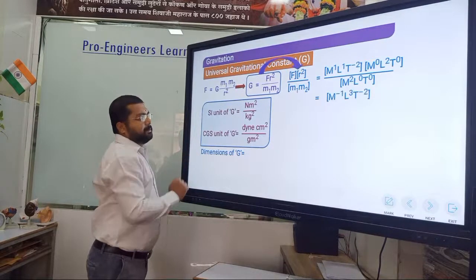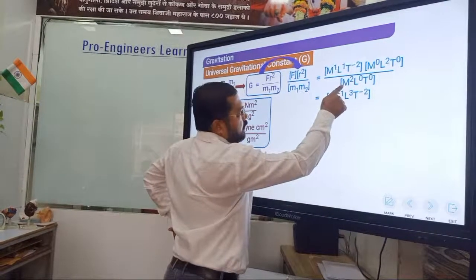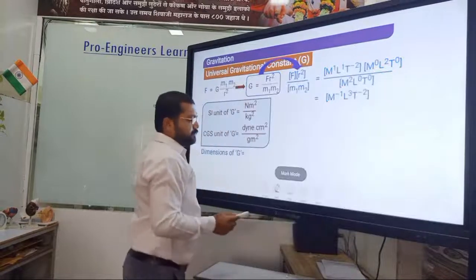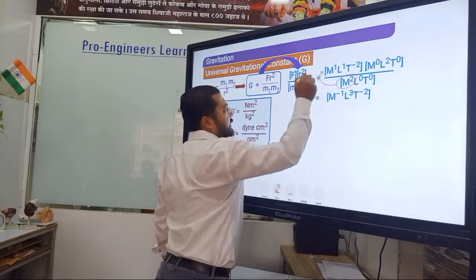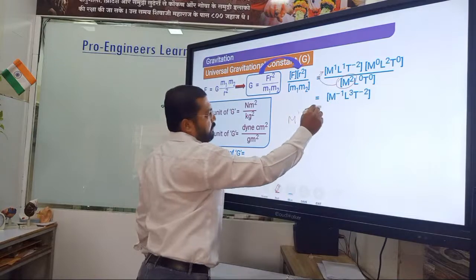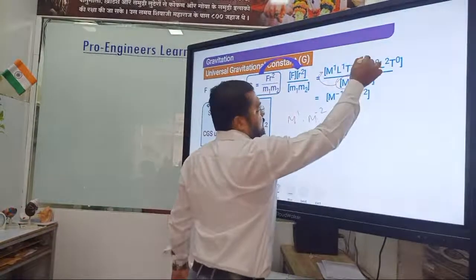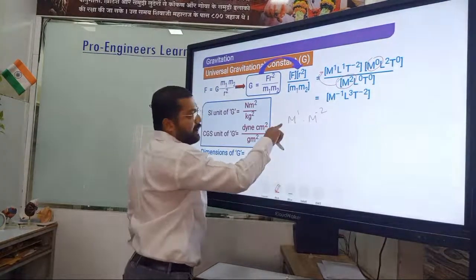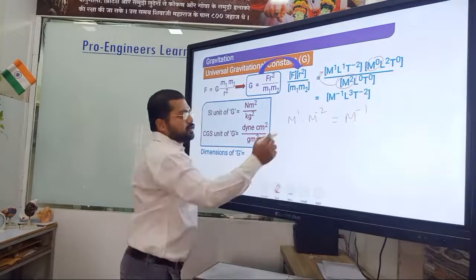Moving ahead, if we take this M2 to the upper side, that becomes M minus 2. Pay attention. M1 and M minus 2, and here already M is M0. So M1 M minus 2, 1 minus 2 is minus 1, M minus 1.